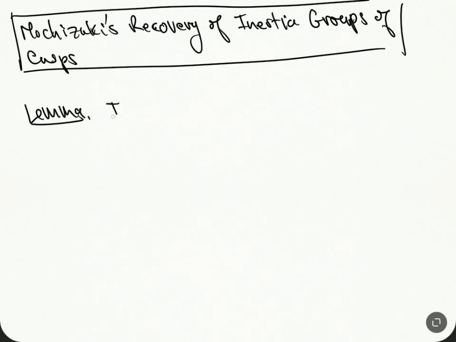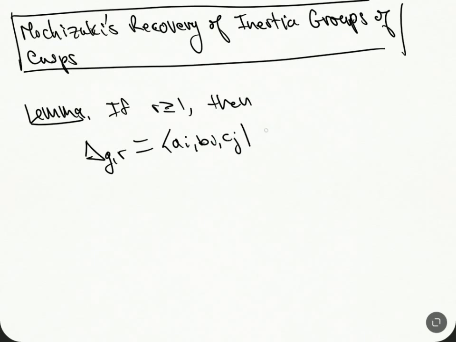So if R is bigger than or equal to 1, then this group, Γ_{g,r}, which is like the fundamental group of a genus g curve with r marked points, is always isomorphic to a group like this: generated by a_i, b_i, c_j, satisfying this relation, the product from i = 1 up to g of these commutators, times the product from j = 1 up to r of c_j, is 1. Okay, so this is something we've already talked about.